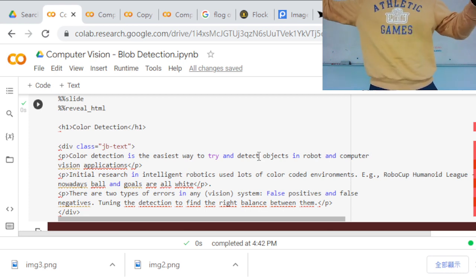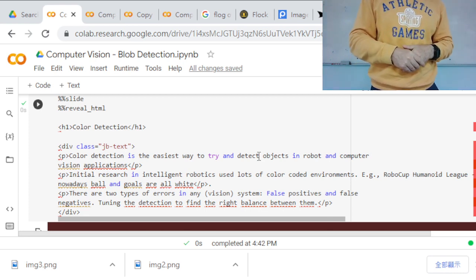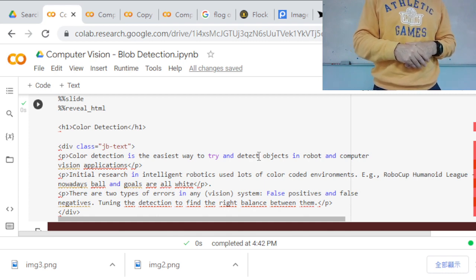So this would be an enormous societal impact.